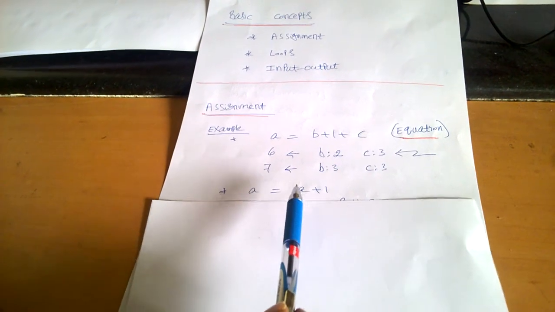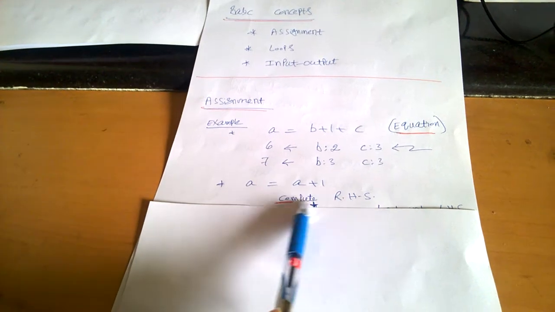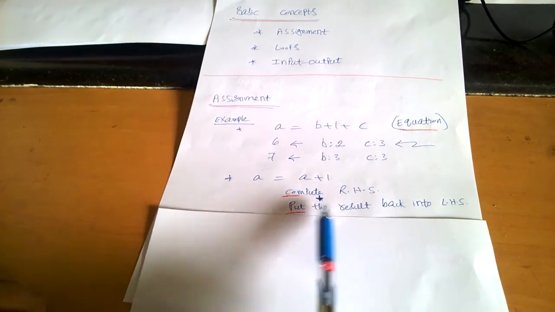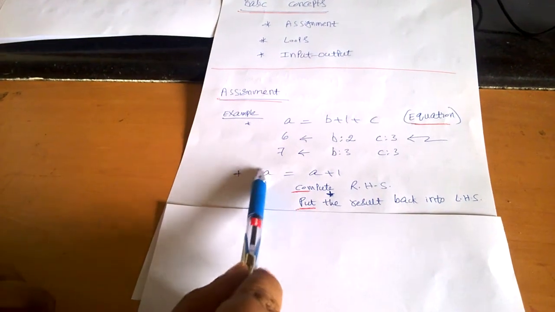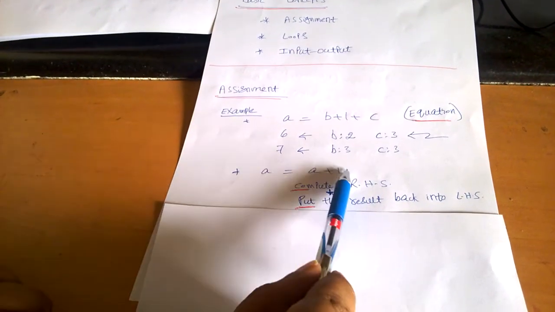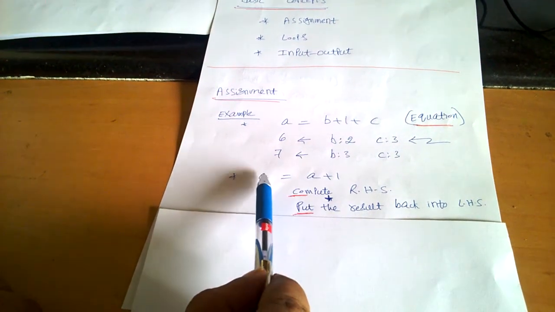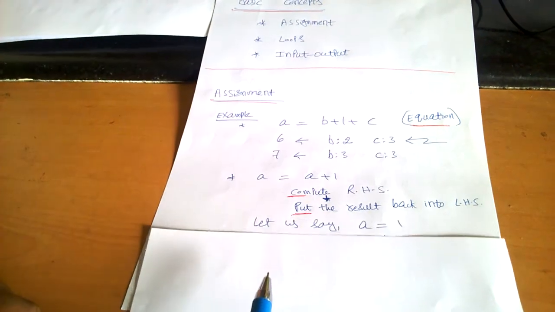Here, what it really means is, first compute the right hand side, and then put the result back into the left hand side. That's all it means. You compute A plus 1, get the result and put it back into the variable on the left hand side.